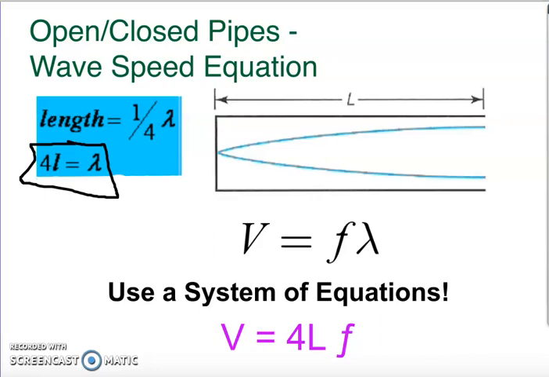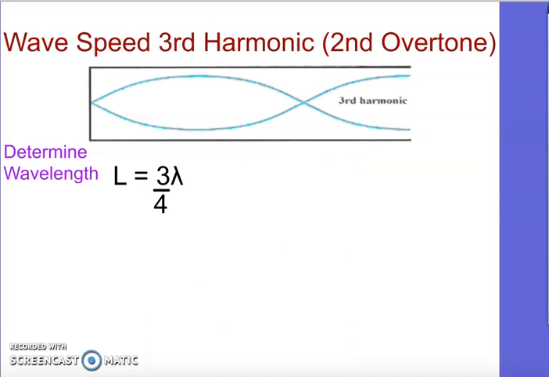Now, if we move on to the third harmonic, the next one that produces a sound, remember that's the second overtone. Remember this one has 3/4 of a wave inside. And so if I rearrange that to solve for wavelength, I'm going to multiply both sides by 4/3 to get rid of that fraction that is attached to the wavelength.